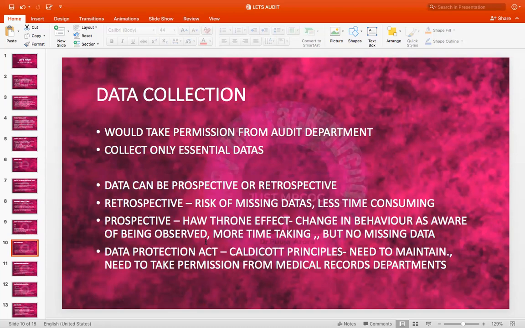If Dr. A was doing surgery for every previous cesarean section, and now Dr. A is aware that my hospital is conducting an audit for cesarean section, then Dr. A would be very alert and would make sure that for all previous cesarean patients, probably he or she will do a VBAC trial.